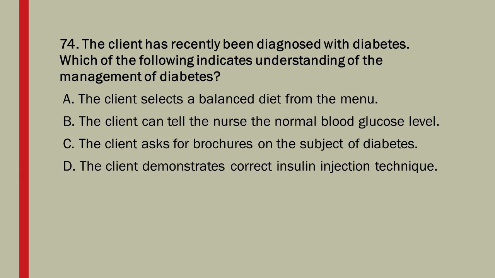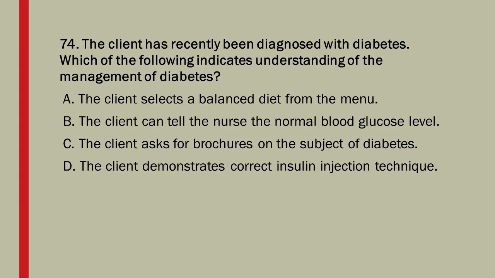74. The client has recently been diagnosed with diabetes. Which of the following indicates understanding of the management of diabetes? A. The client selects a balanced diet from the menu. B. The client can tell the nurse the normal blood glucose level. C. The client asks for brochures on the subject of diabetes.